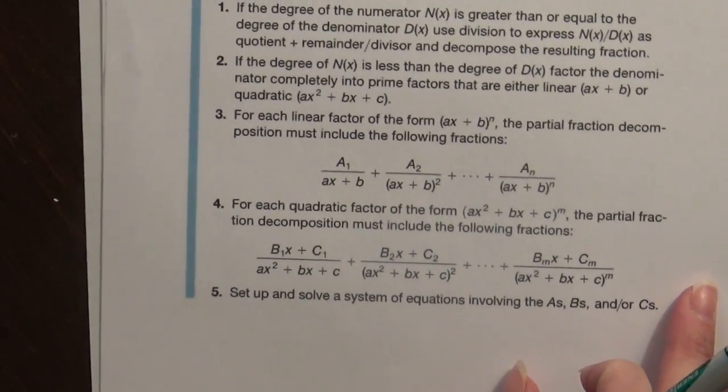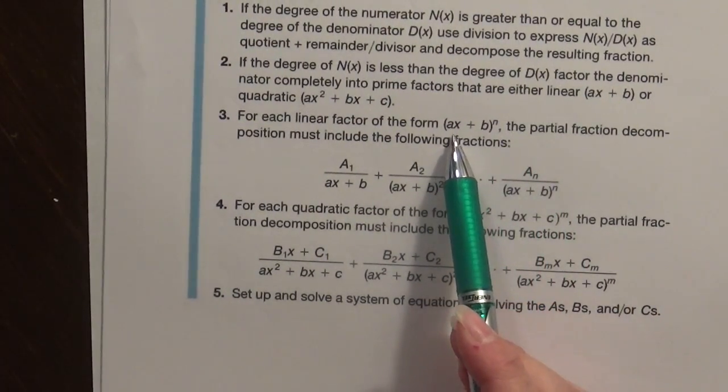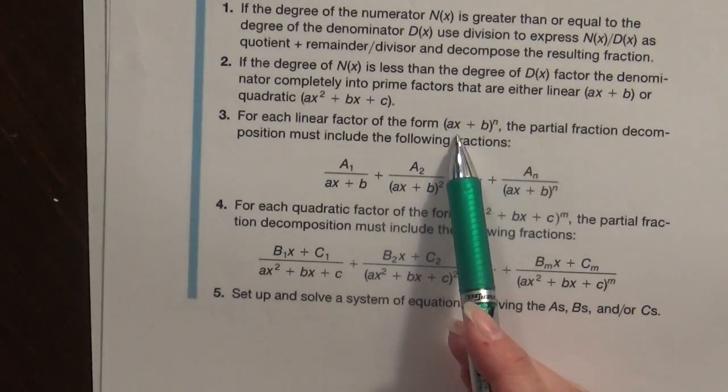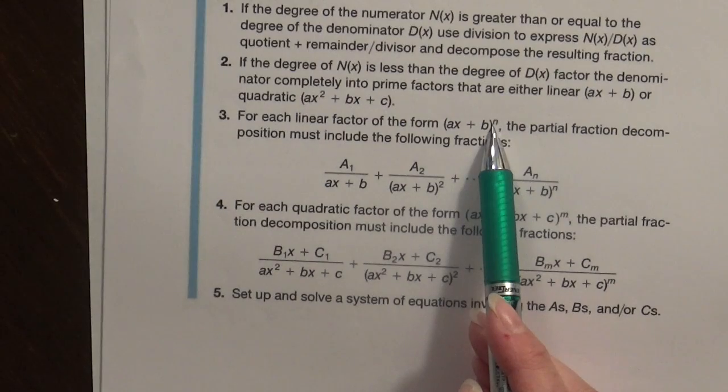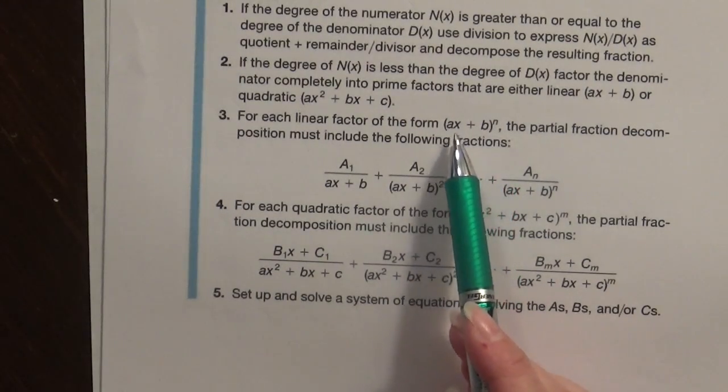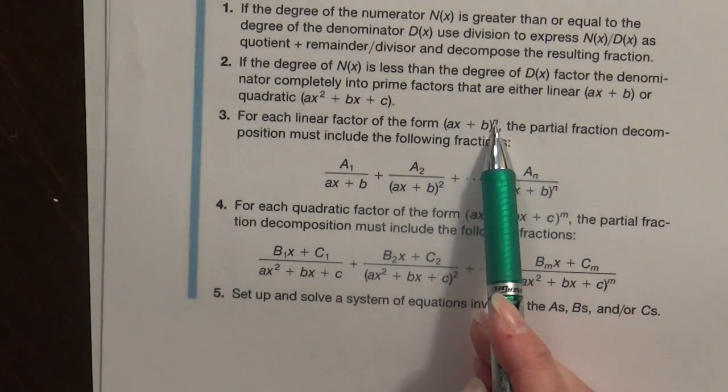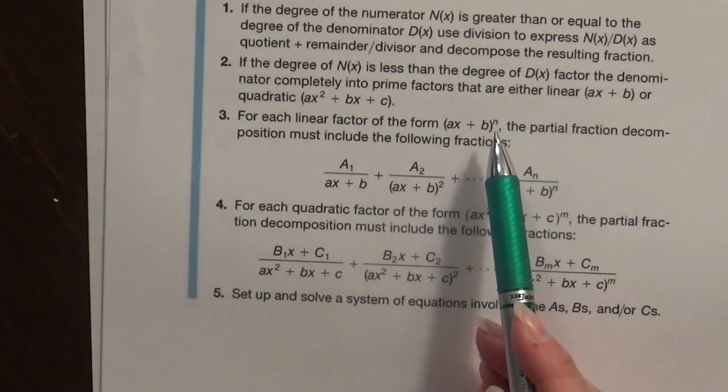If you factor your denominator and you've got a linear factor, like 2x plus 3, and maybe it's being squared, well, if you've got a term that's being squared, when you set up your partial fractions, you're going to need to include each power of that linear term. And I'll show you what that means in the next example.